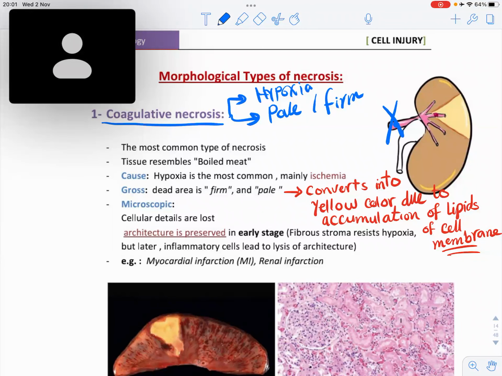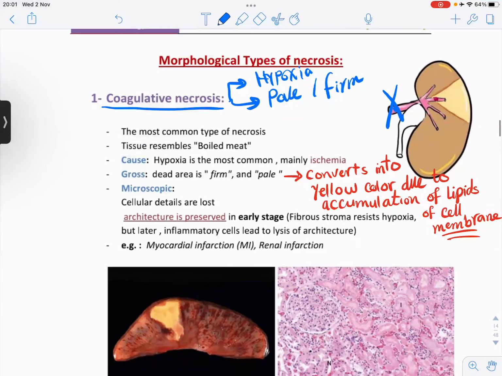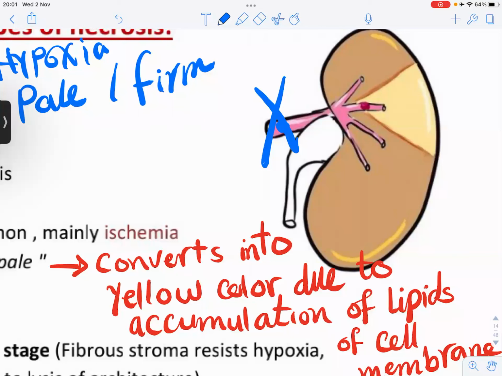But why? Because inside the necrotic cell, of course, the cell will die. So we don't have cellular details. We cannot see a normal cell. The cellular details will disappear because the cell membrane will be destroyed, the nucleus will be destroyed, the mitochondria, the organelles.